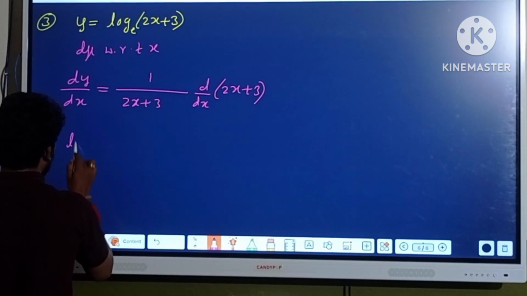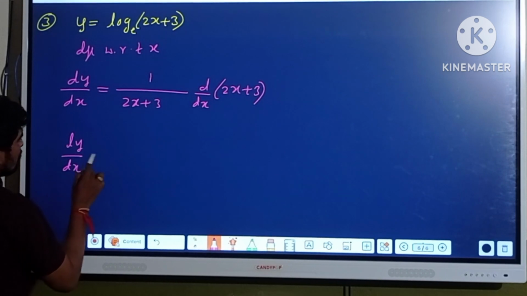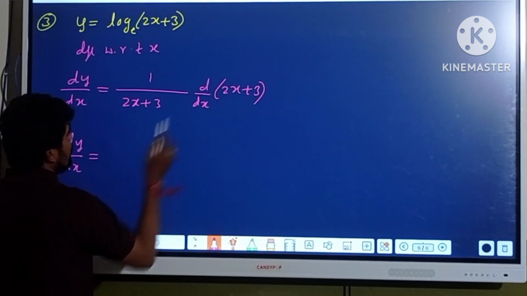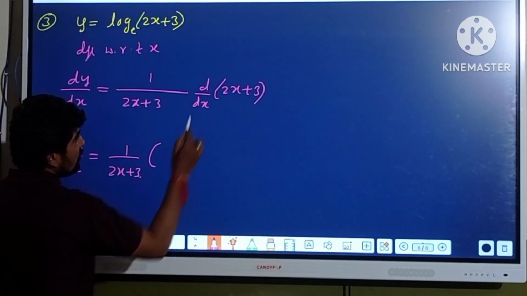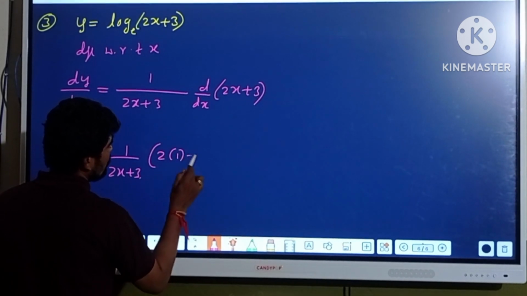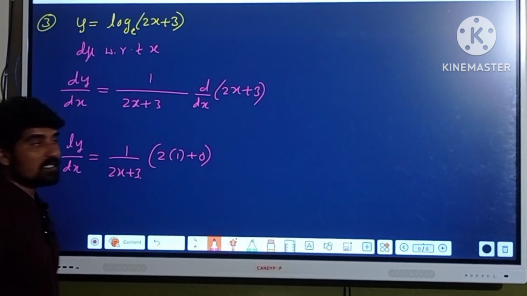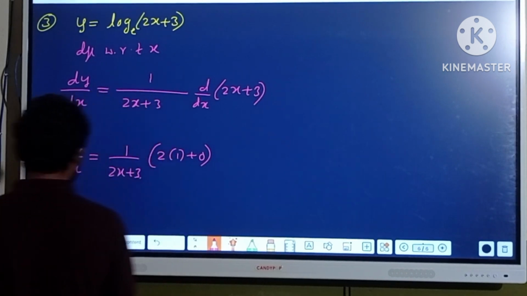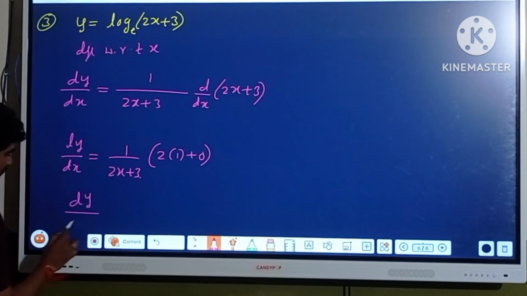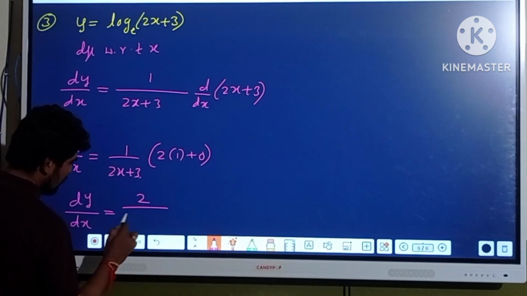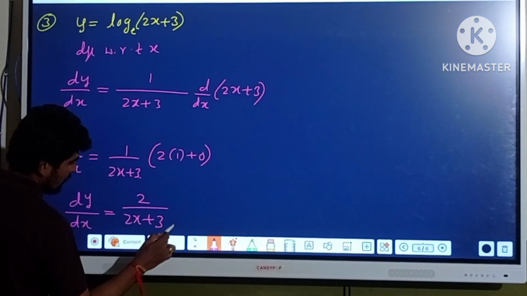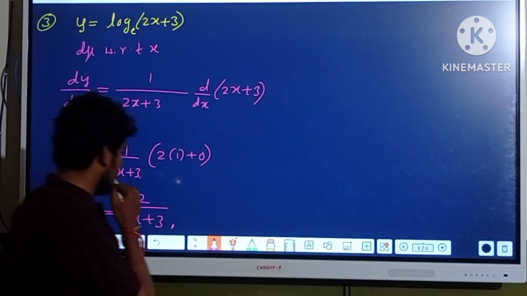So dy by dx is equal to 1 divided by 2x plus 3 into derivative of 2x plus 3, which is 2 into 1 plus derivative of constant, which is 0. Therefore, dy by dx is equal to 2 divided by 2x plus 3. I hope all of you are understanding.